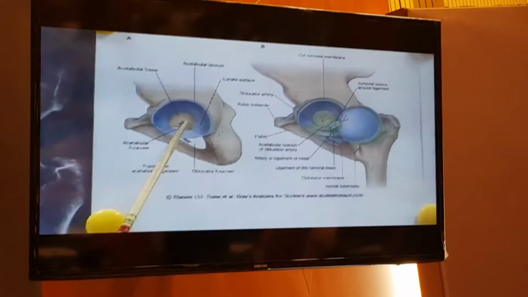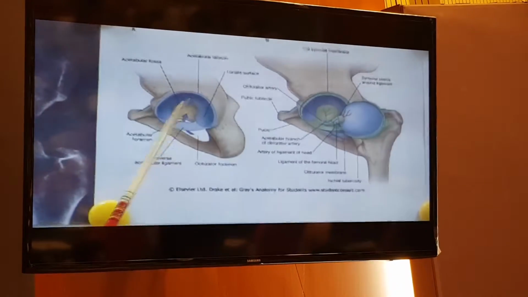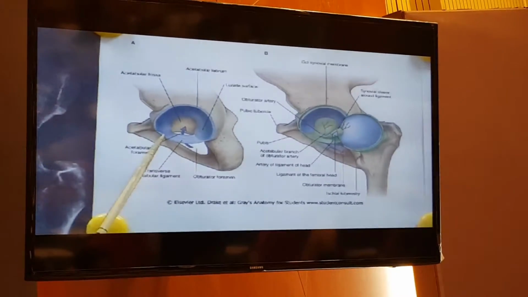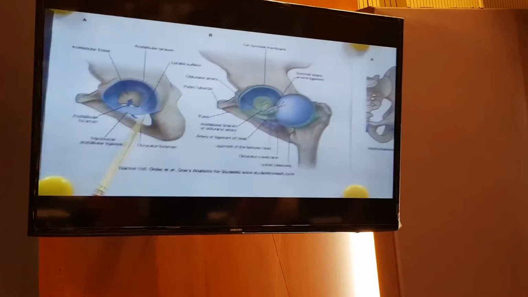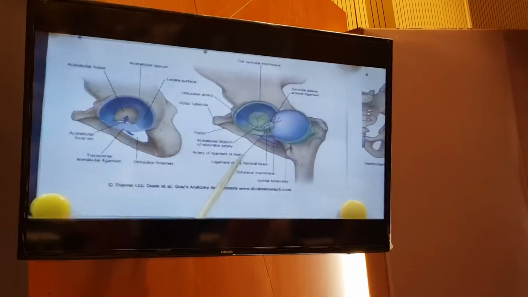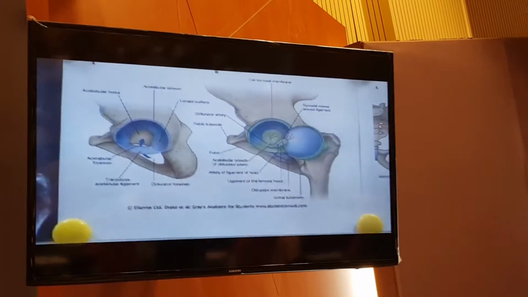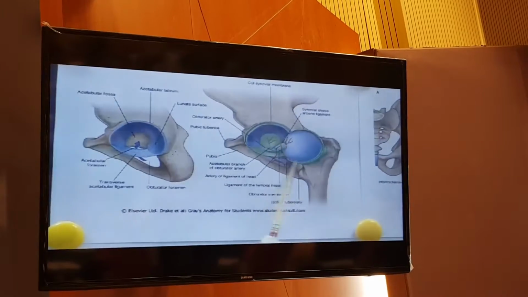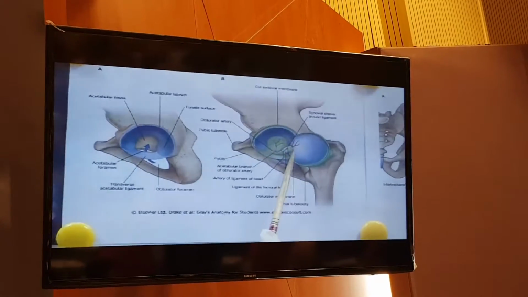Now, inside the hip joint, we have two ligaments. One is the transverse acetabular ligament, and another one is called the ligament of the head of the femur. We are going to talk about this one now. If you see very carefully, the head of the femur has a little pit at the top called the fovea.